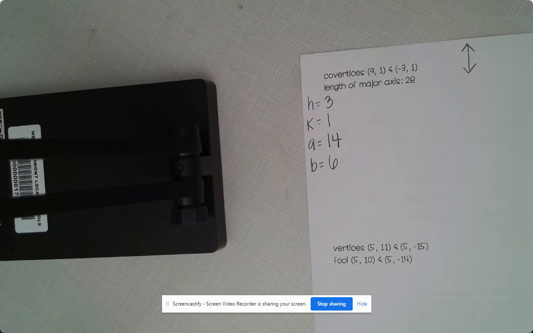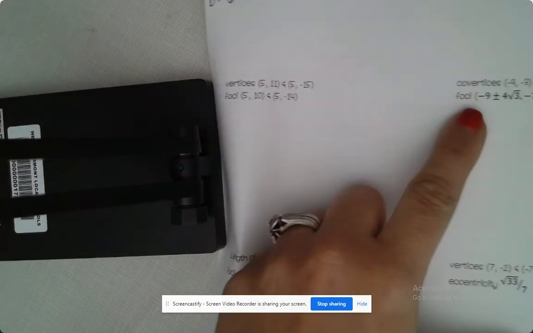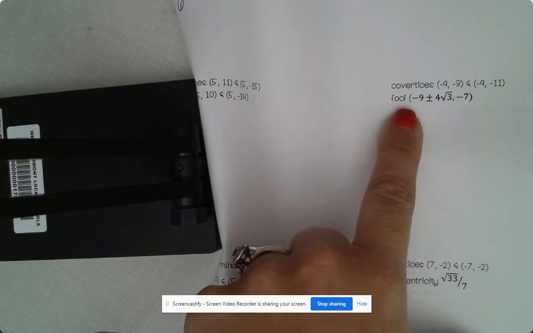Wait, so how did you find H? No, you have to know your middle point. How did you find H? What did you divide? Did you find your entire length and divide by 2? But you really got to be careful because, for example, if I give you this, it's not going to be as easy.